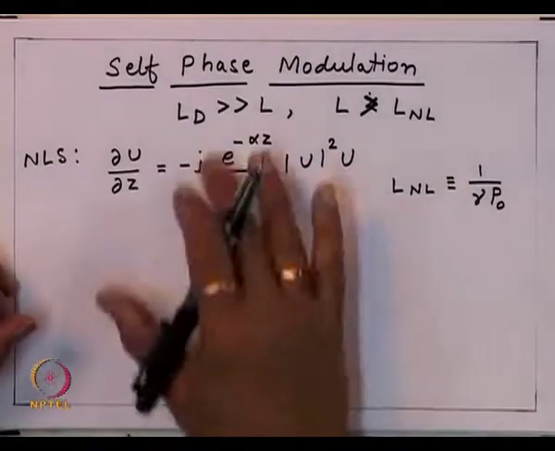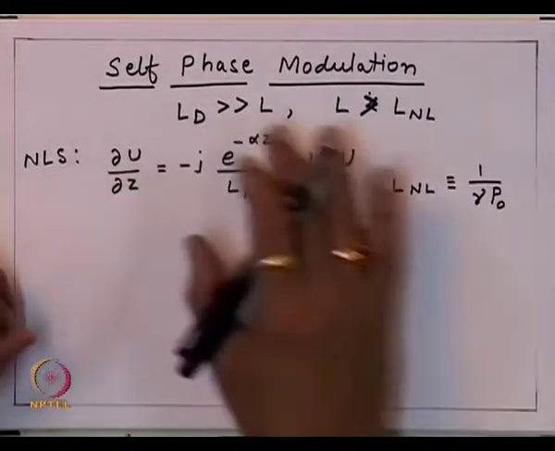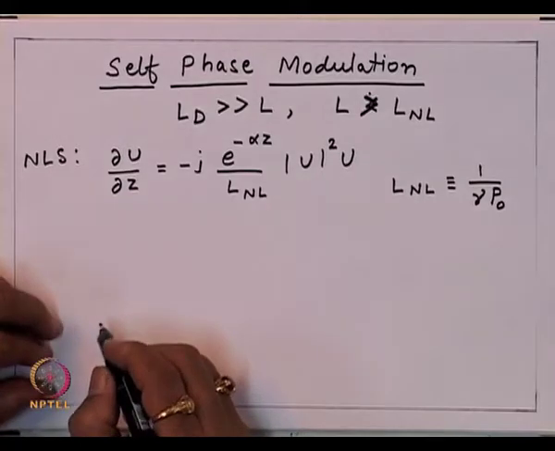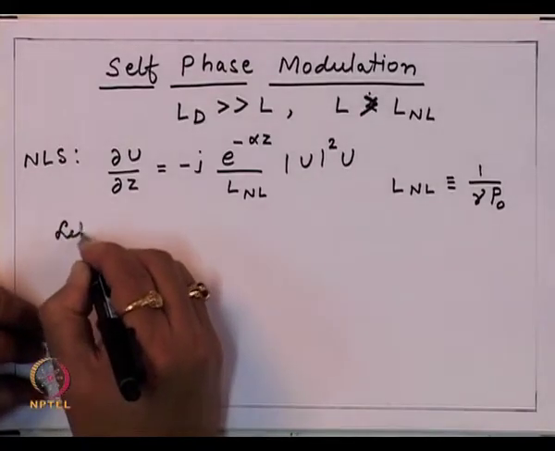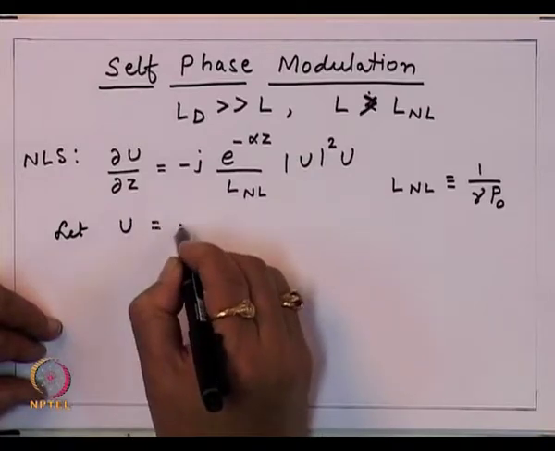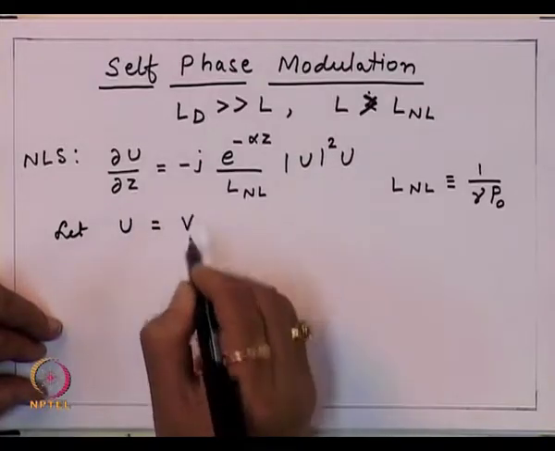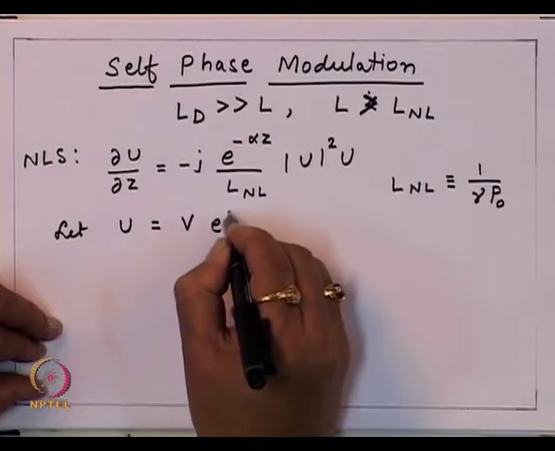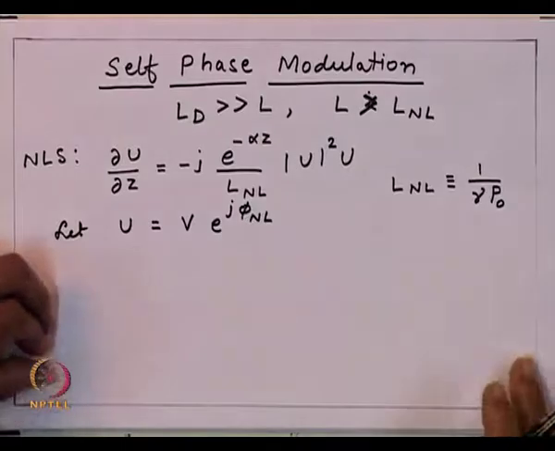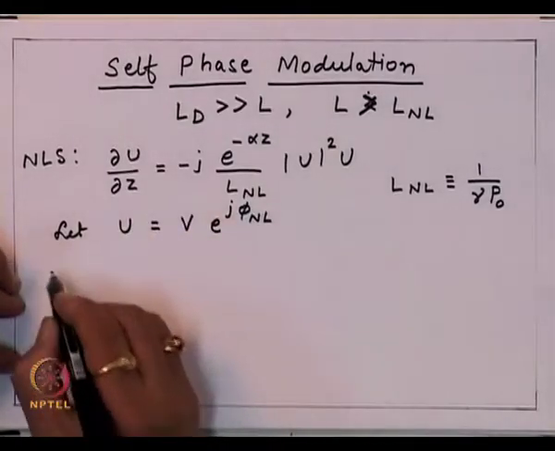Now, this equation can be solved by assuming some solution to this equation. So, let the solution u be having some envelope V and some nonlinear phase which is given by phi NL. So, I can calculate du by dz.